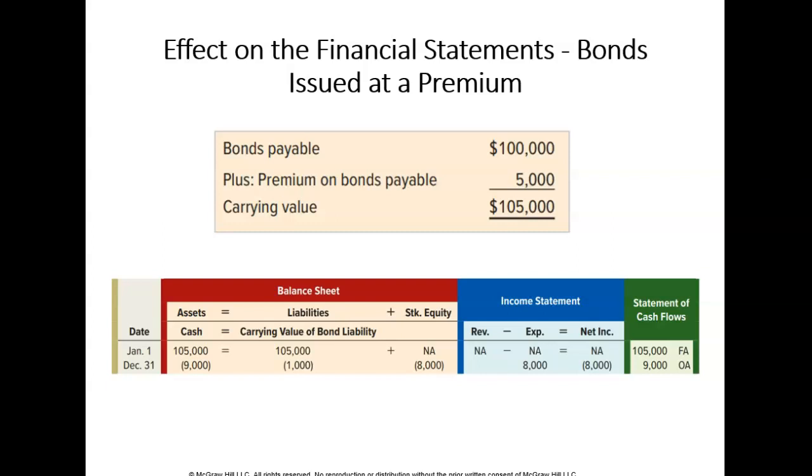Again, take 9,000 divided by 105,000. That'll give you 8.57%, which means that the effective interest rate is actually less than the stated rate, and that's because your bond was issued at a premium. Okay?